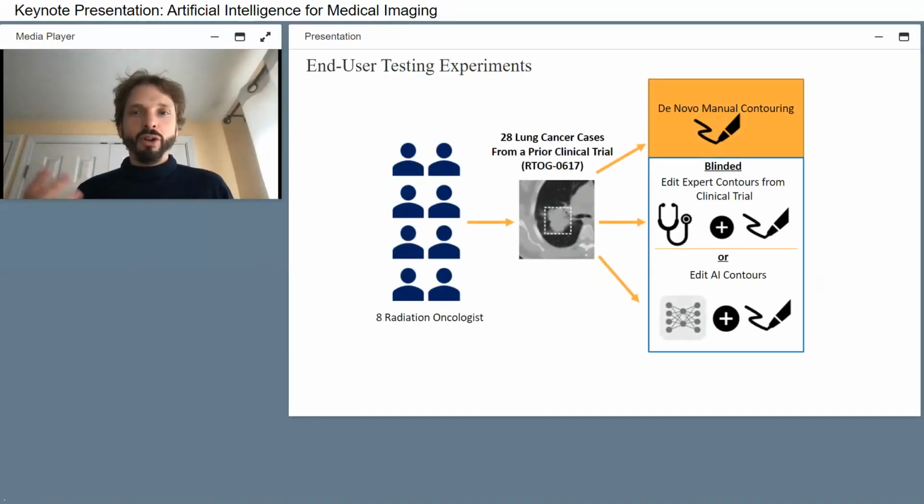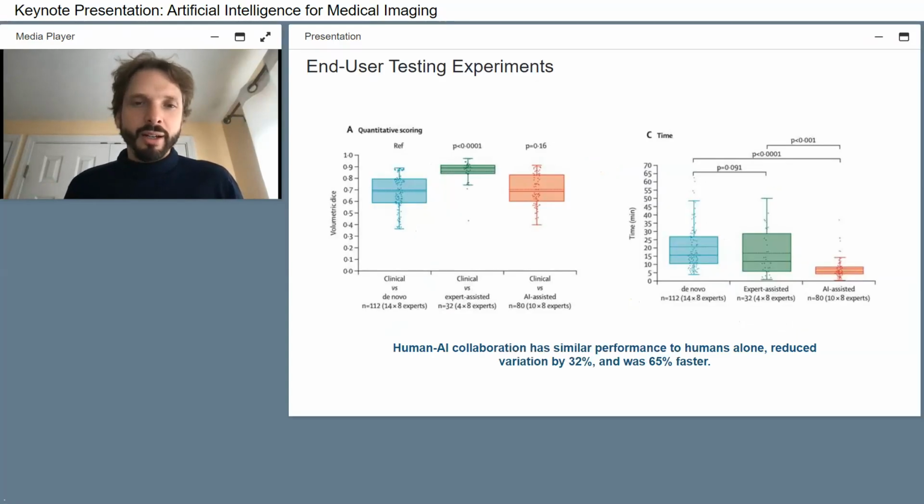So how do radiation oncologists and oncologists like to use this? And what is important there, and for the sake of time I will go over this briefly, is that human-AI collaboration has a very similar performance to humans alone, but it reduced the variation by 32%, and it was 60% faster.